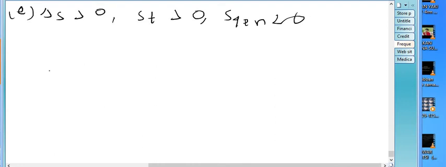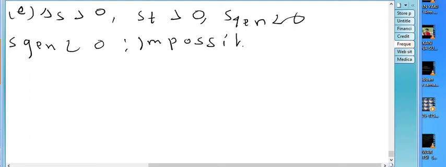Actually, it falls under impossible process. That is, the entropy generated is less than 0, which is impossible. So it's impossible without applying the second law of thermodynamics. From the condition, we analyze that it is impossible automatically.